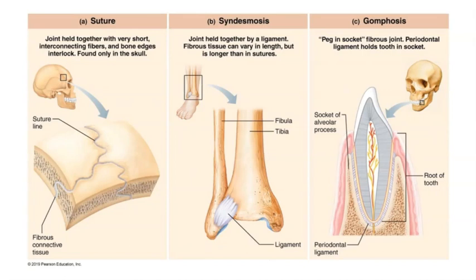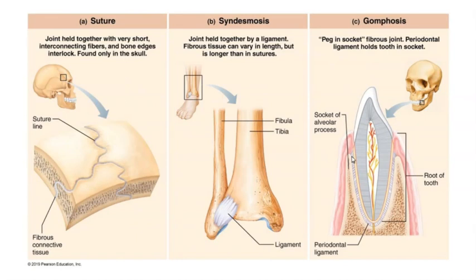And last but not least, returning to that diagram of our fibrous joints, we see on the right side here a gomphosis. A gomphosis is a specialized fibrous joint that anchors the root of a tooth into its bony socket on either the upper jaw or the lower jaw of the skull. The gomphosis is composed of small ligaments called periodontal ligaments that help to secure the tooth to the jawbone.